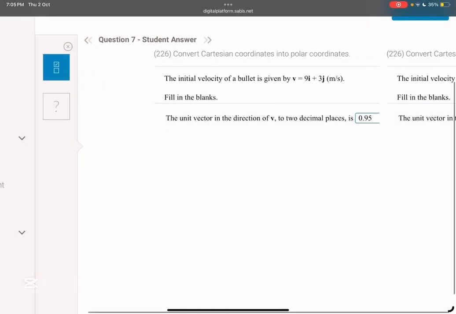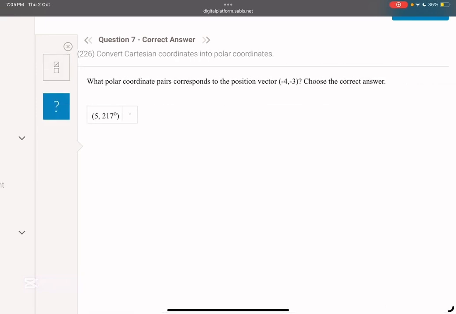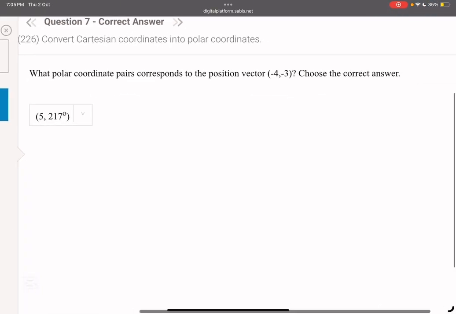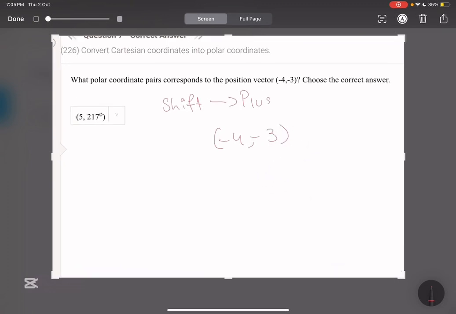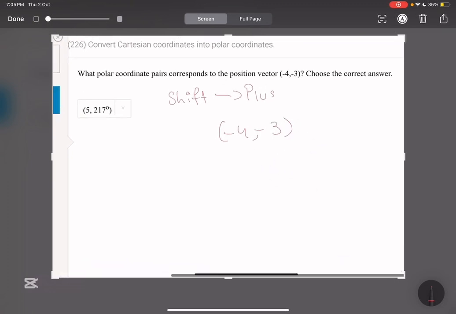Okay, so that's question 6, and now we have question 7. This one, honestly, the way that I did it is on my calculator. I pressed shift and then plus, and then you put the -4, and then you put comma, and you put -3.